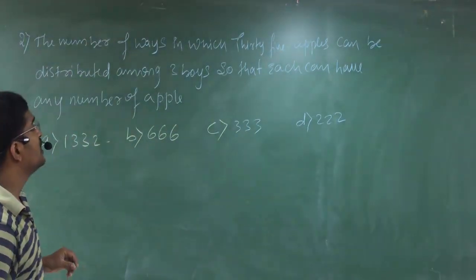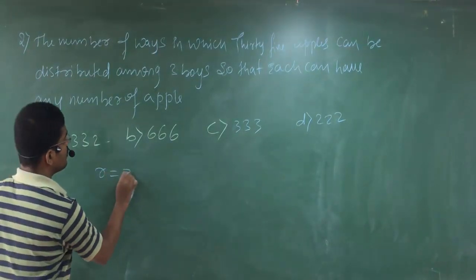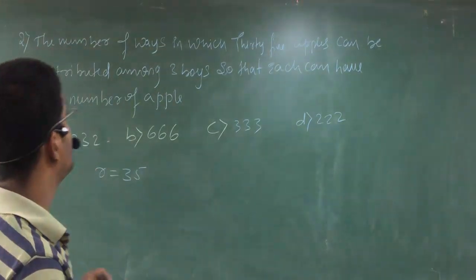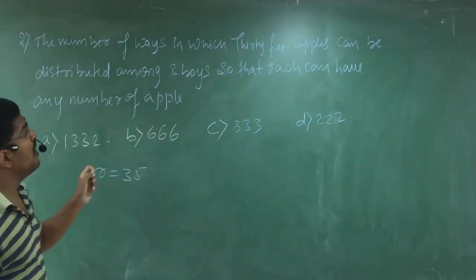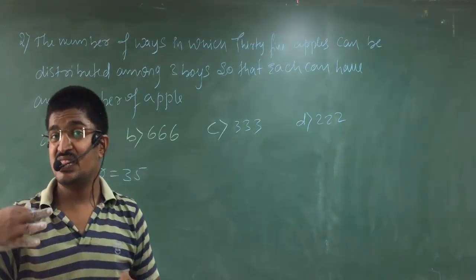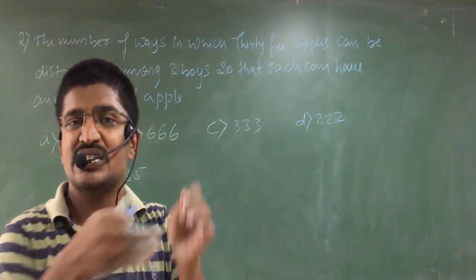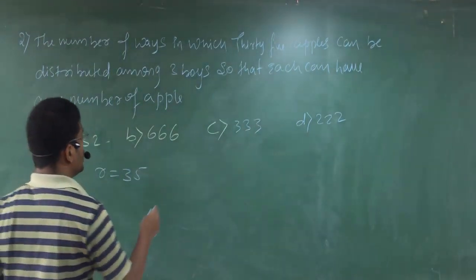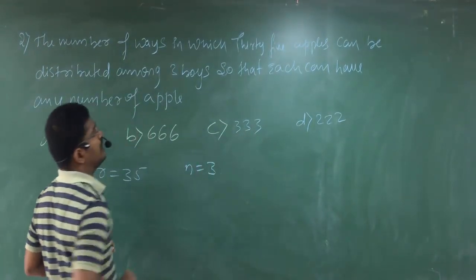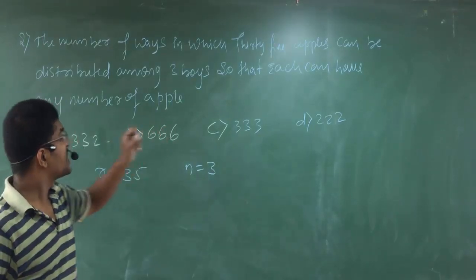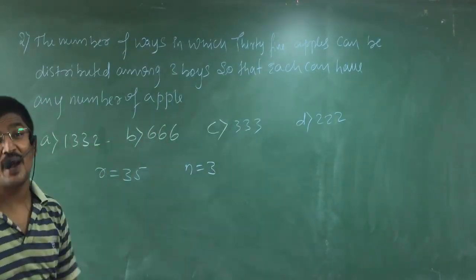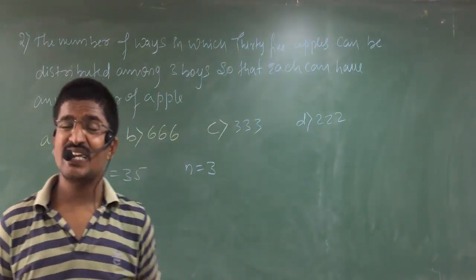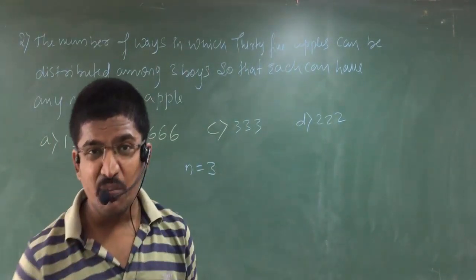So for that reason, here r will be equal to 35 because this is distributed. Can be distributed among 3 boys. See, 3 different objects. Apples are the same, no problem. 3 different objects means n equal to 3. So that each can have any number of apples. As I said, r objects can be repeated any number of times.